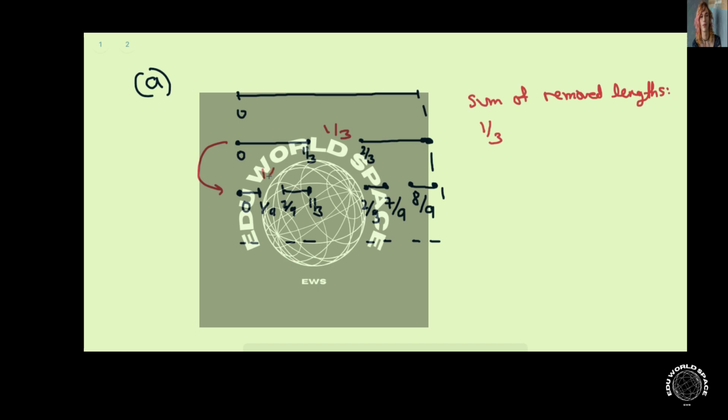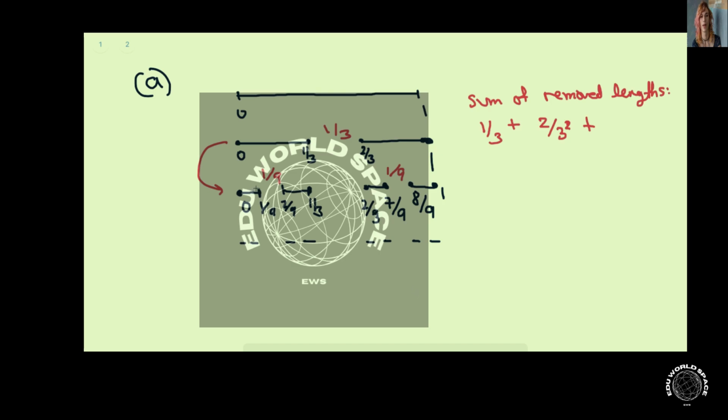So we really took out a ninth, and then we did it twice. So that's 2 over 9. Or you could think of that as 2 over 3 squared, to make this look like a geometric sum.